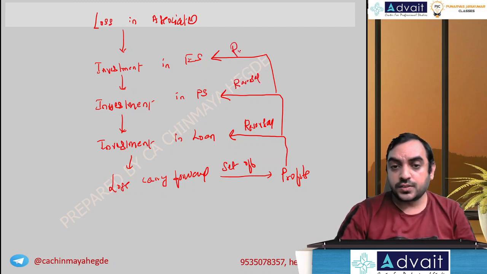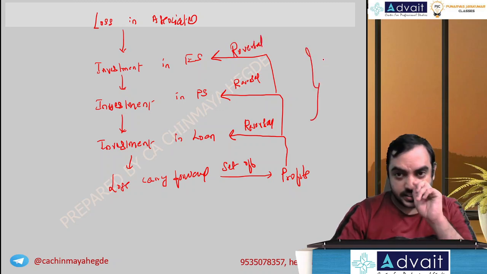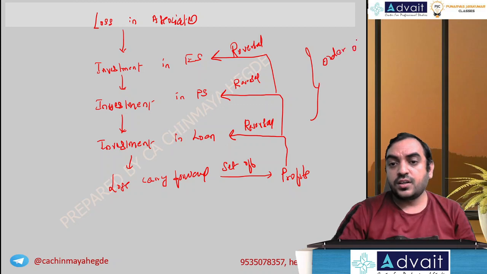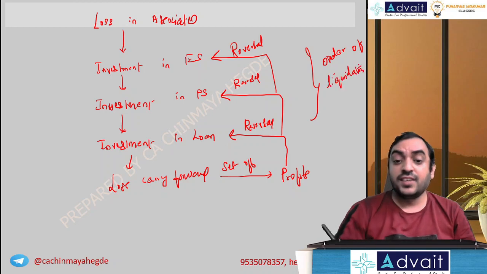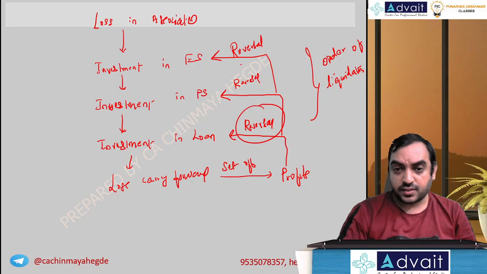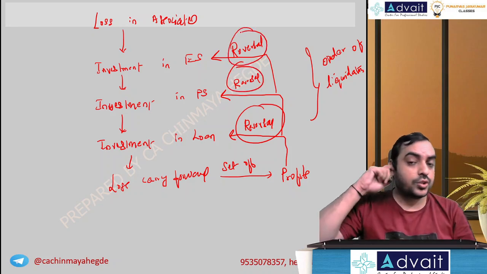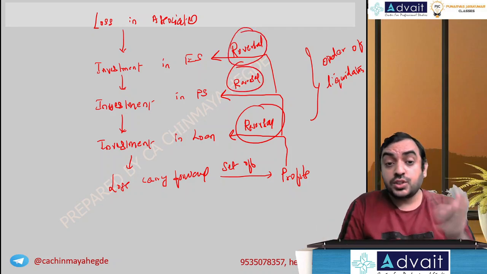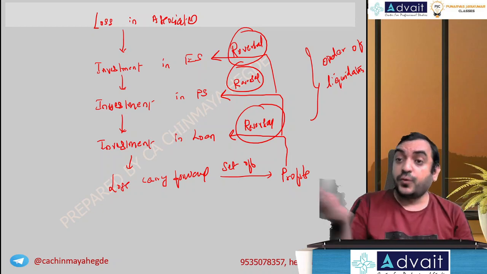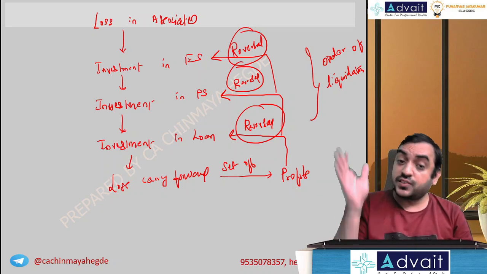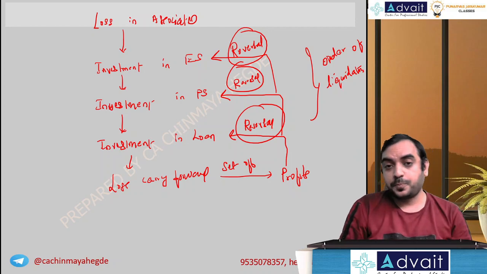Then you reverse against equity shares. So reversal: first against the loan, then against preference shares, then against equity shares. So basically, they say this is in the order of liquidation. This is my handwriting for reversal. When loss comes, equity share comes first. But when profit comes, after all this reversal, equity share comes at the last.